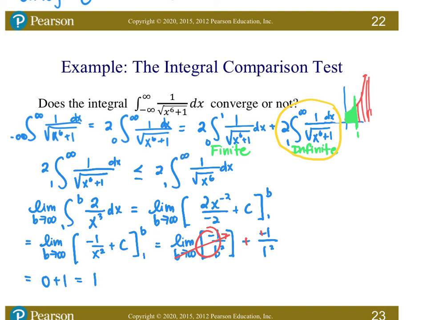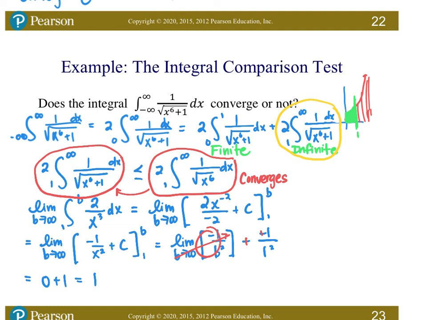What that tells me is that this integral converges. If the larger integral converges, then I can trace my way backwards through those breadcrumbs. That means that this integral also converges.